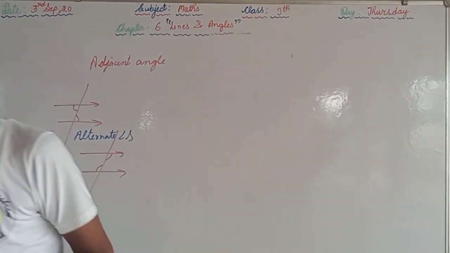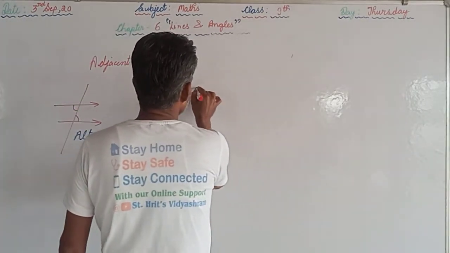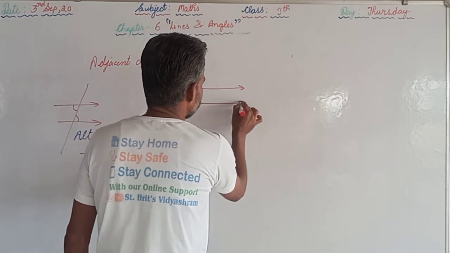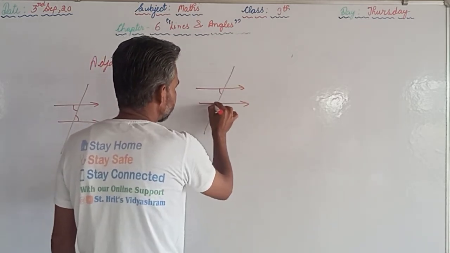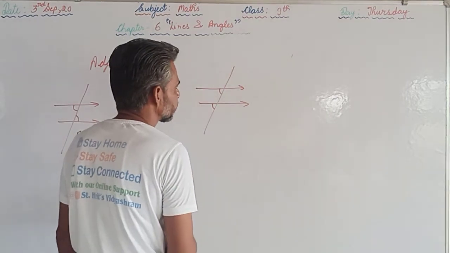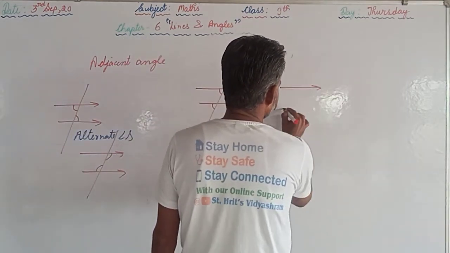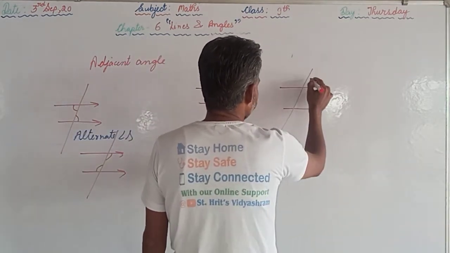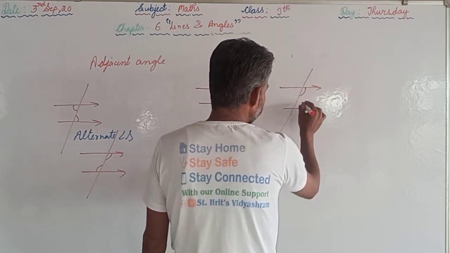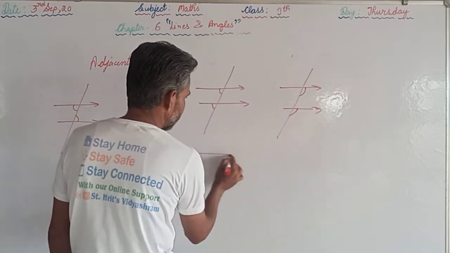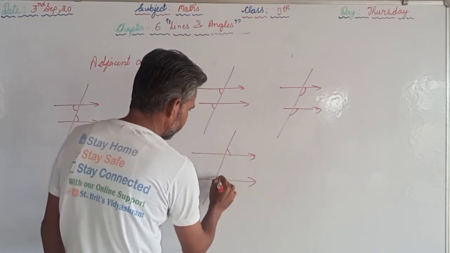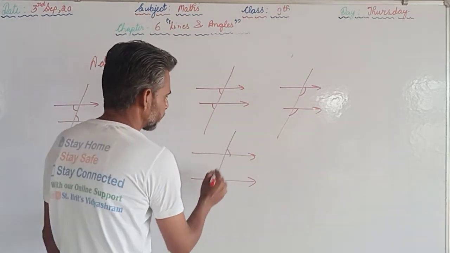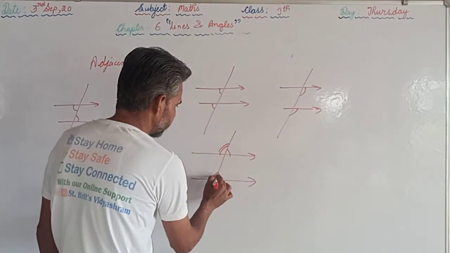At the same time, if the transversal is there, then this will be equal to this, or this will be equal to this, or this angle will be equal to this angle, and this angle will be equal to this angle.